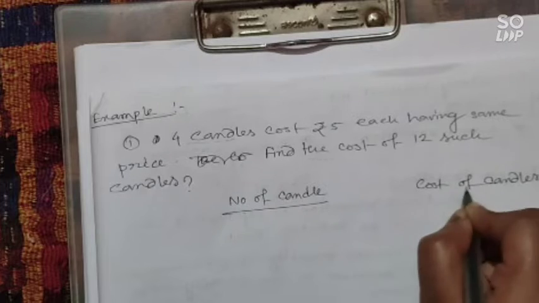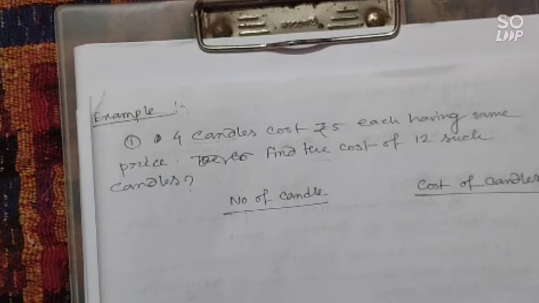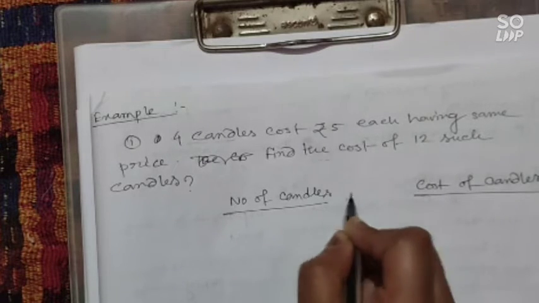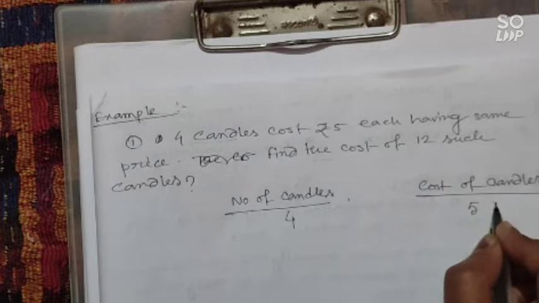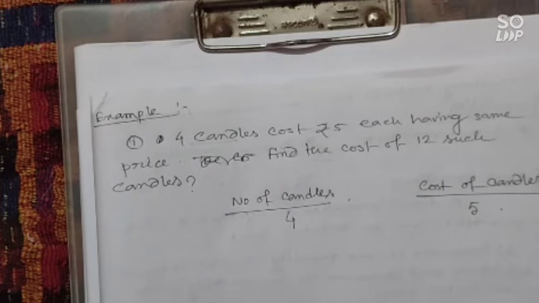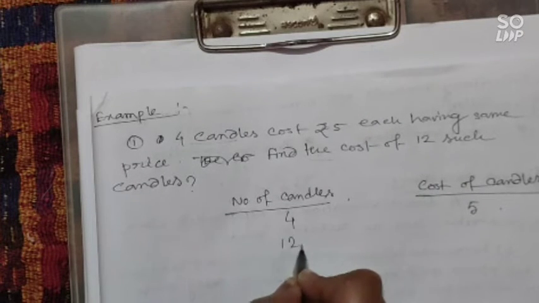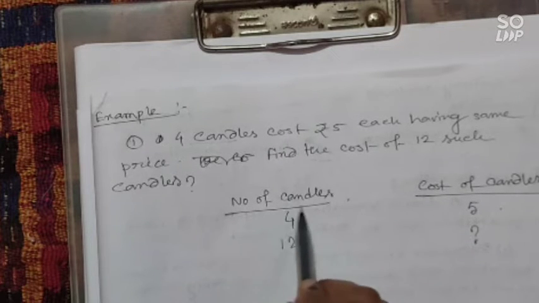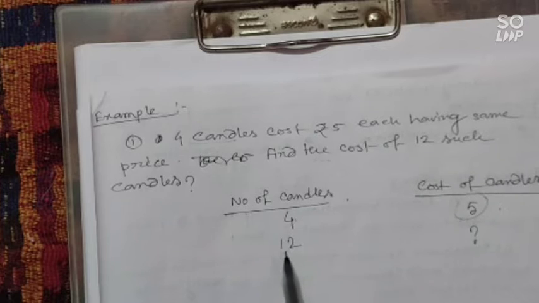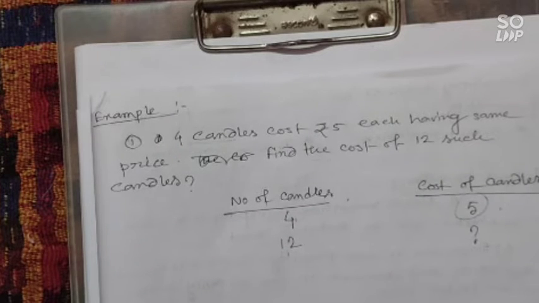Okay, so for solving any problem, first we will make a chart. 4 candles cost 5 rupees. Find the cost of 12 such candles. So 4 candles cost 5 rupees, 12 candles cost আমাদের find out করতে হবে.